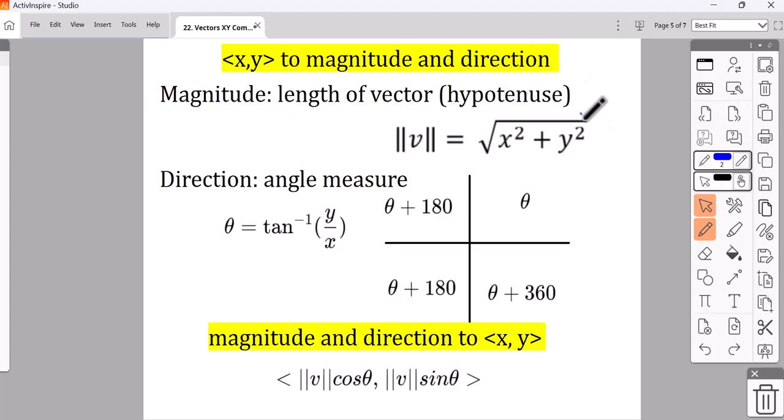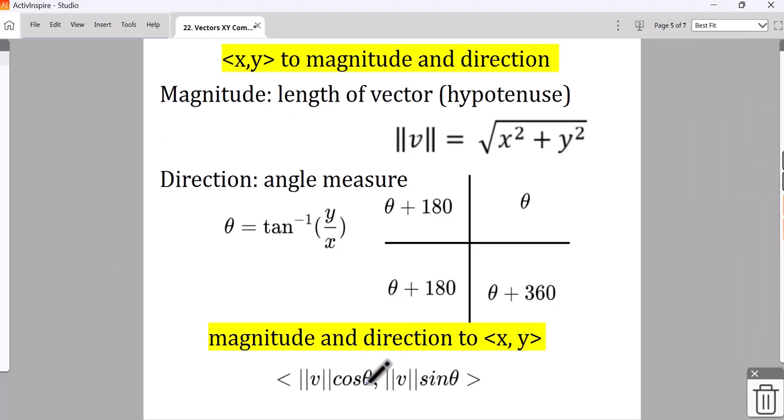And so this is just a summary of everything we've talked about so far. All of this was day 1, all of this is day 2. If we're going from x and y to magnitude and direction, we're using the Pythagorean theorem and inverse tangent with some additions. And if we are going from magnitude and direction to x and y, we're using sine and cosine times the magnitude.